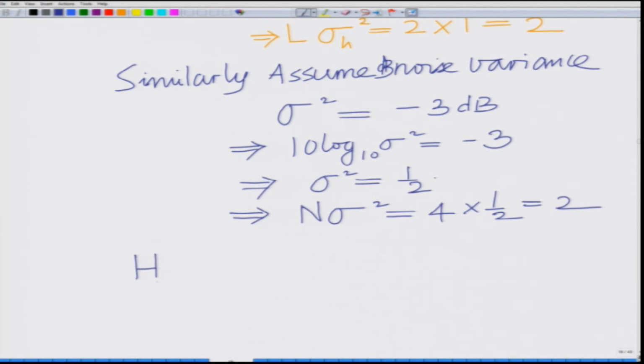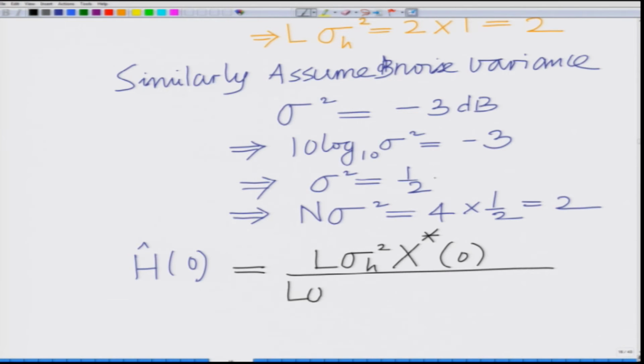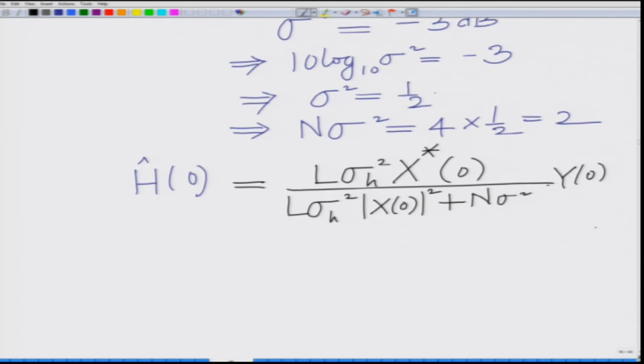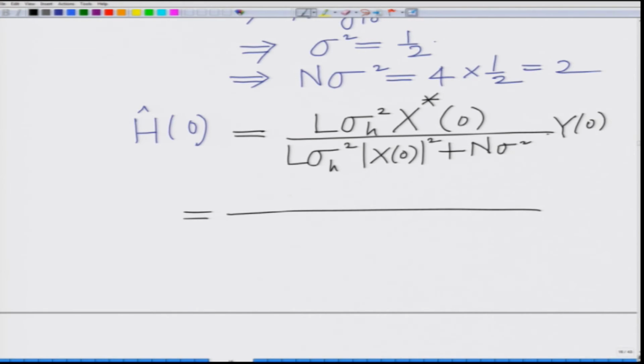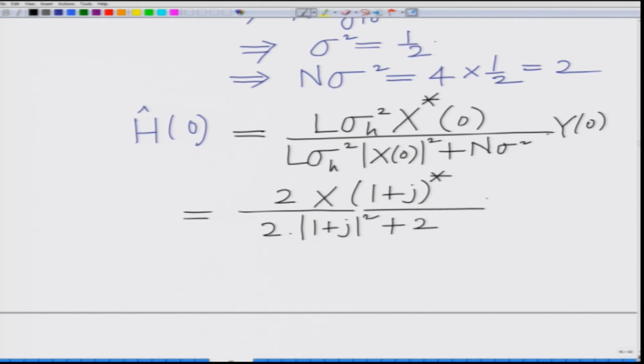Okay. Now, we can derive h hat of 0, the estimate of channel coefficient across tap 0. This is L sigma h square x conjugate 0 divided by L sigma h square magnitude x0 square plus N sigma square, into y of 0. This can be written as 2 times x conjugate, that is 1 plus j conjugate, divided by 2 times magnitude of x0 square, that is 1 plus j magnitude whole square, plus 2, into y0, which we derived above, that is 3.